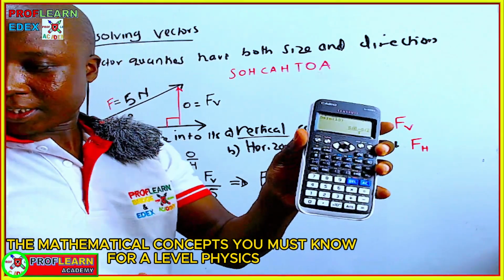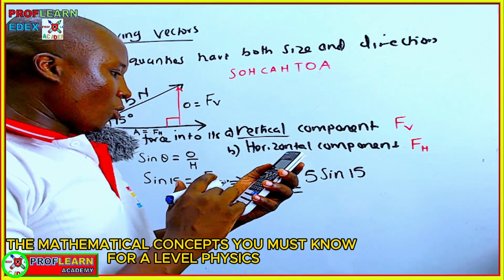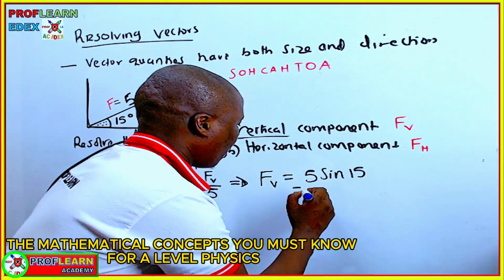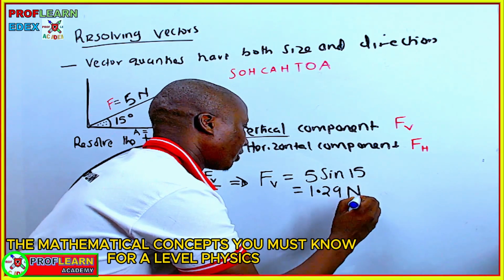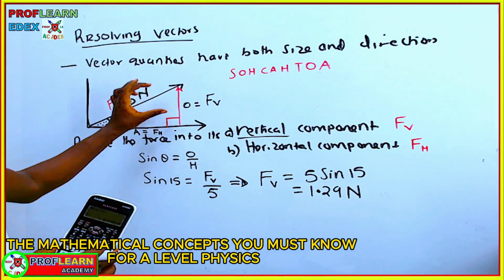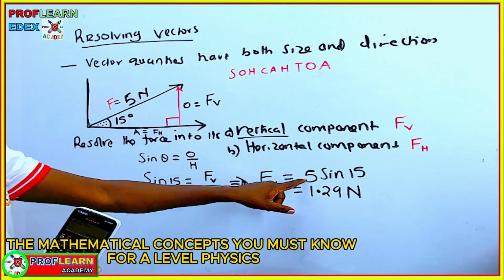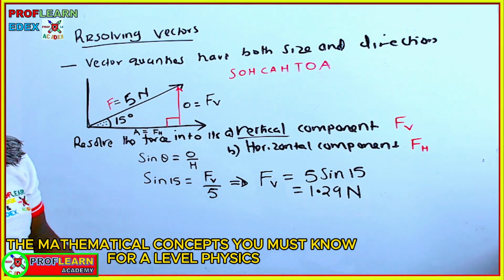So if we put this here, my answer is equivalent to 1.29 Newton. So the vertical component of this force is 5 sine 15, which is equivalent to 1.29 newtons.